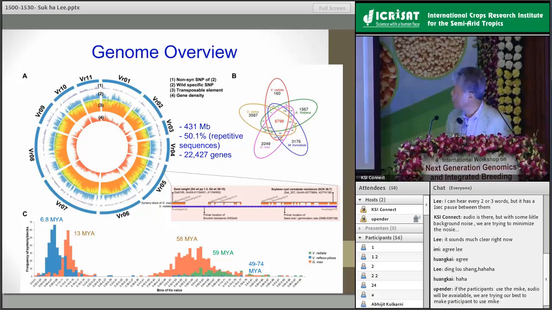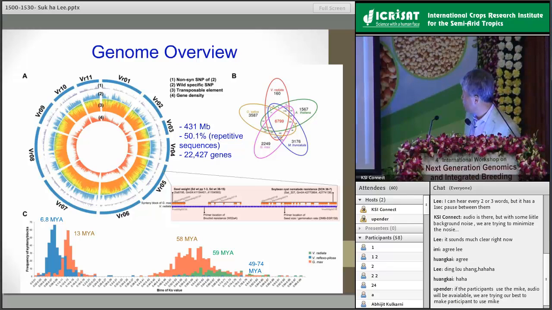Using RNA sequencing analysis from 4 different tissues, we annotated about 22,427 high confidence protein-coding genes. By comparing with genes in Oryza sativa, Arabidopsis, Medicago and Glycine max, we found 160 genes specific to Vigna radiata.